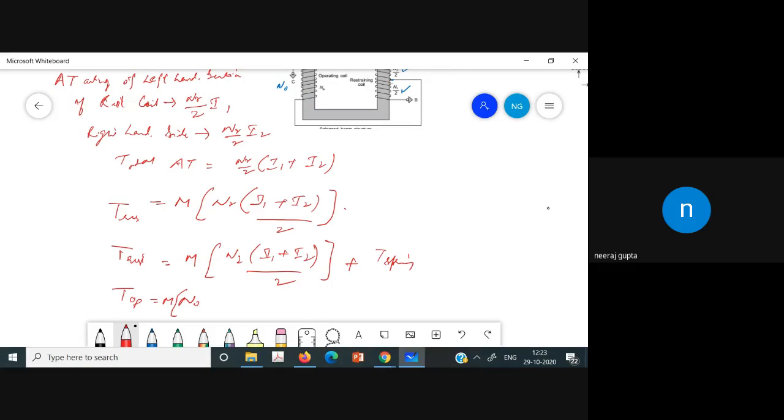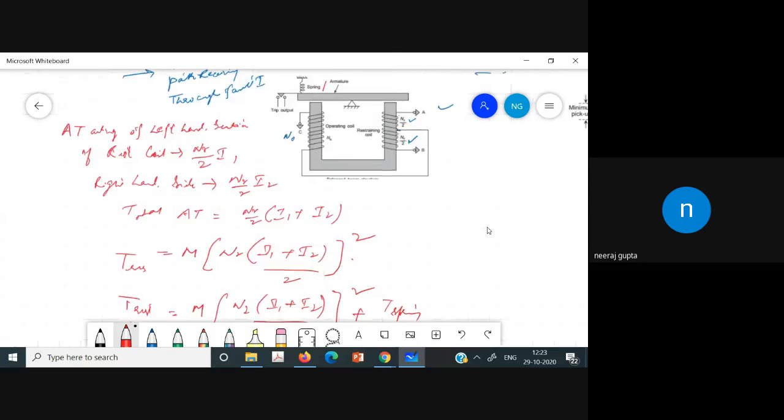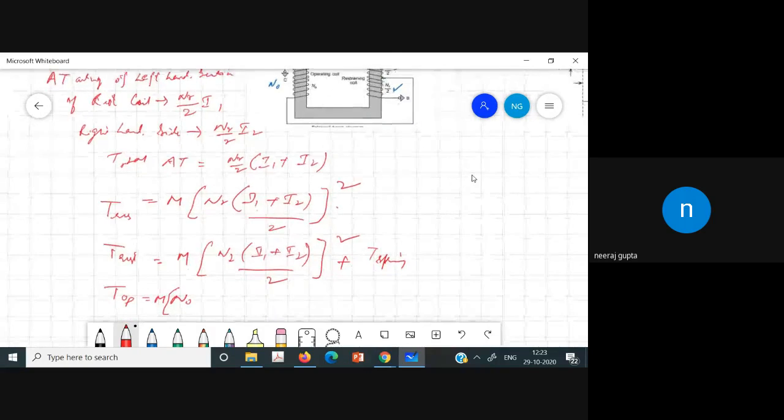So ampere turn is proportional to the square of this flux. So we have to use the square here. Then we will have the operating torque.